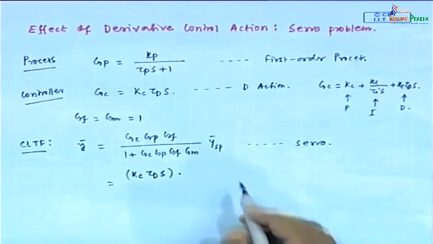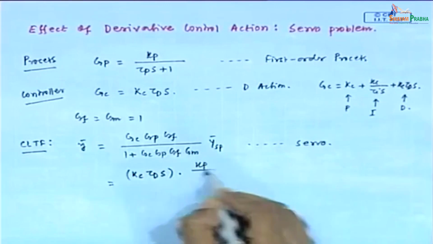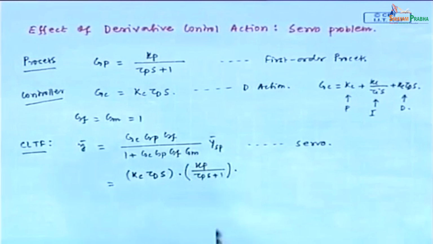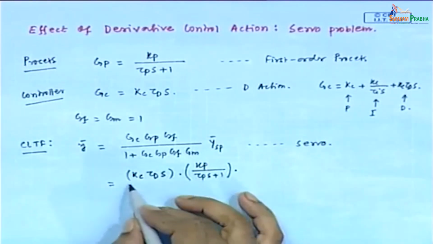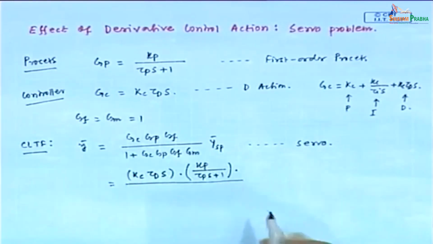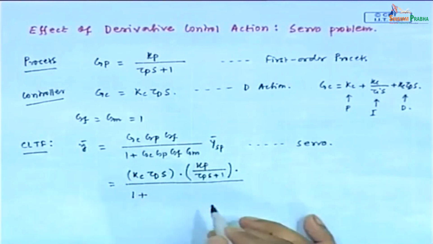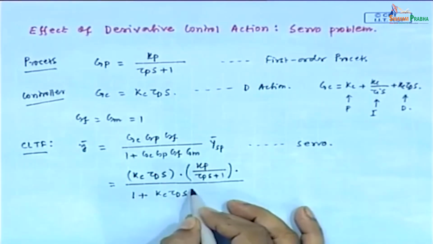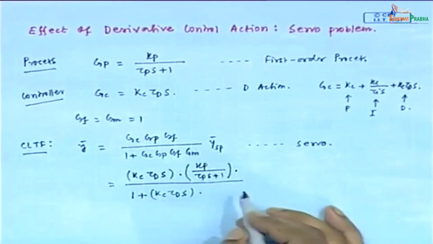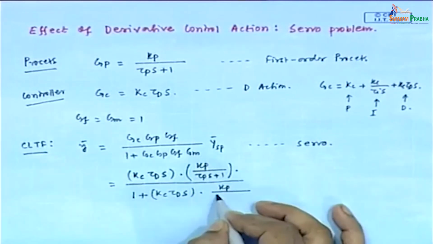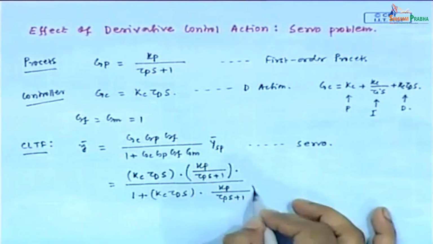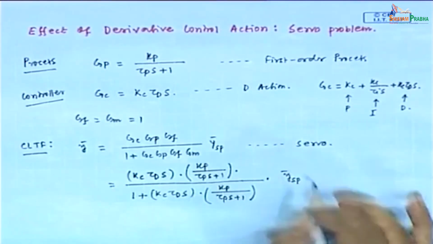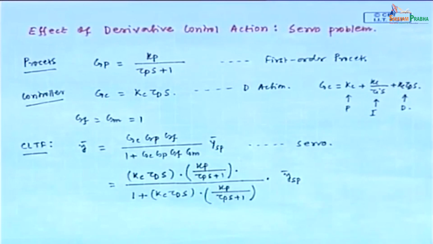Next transfer function is Gp, that means Kp divided by tau P s plus 1, and Gf is 1, whole divided by 1 plus Kc tau d s multiplied by Kp divided by tau P s plus 1, multiplied by y set point bar.